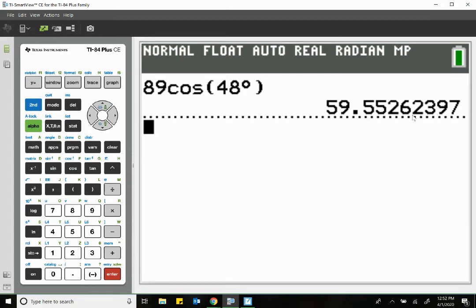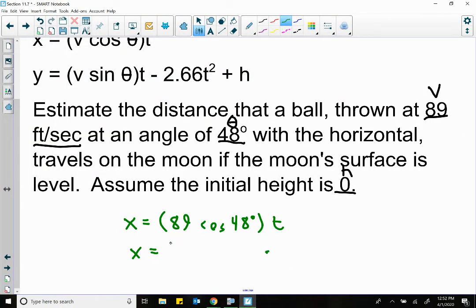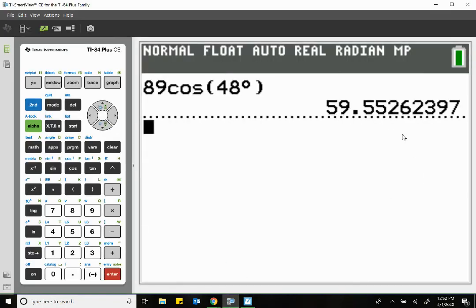So we want to keep as most of this as possible. Okay, so we know that this is 59.55, let's see here, 2623.